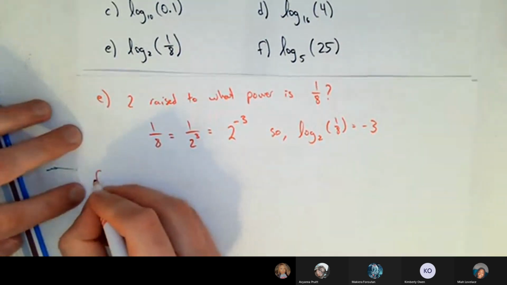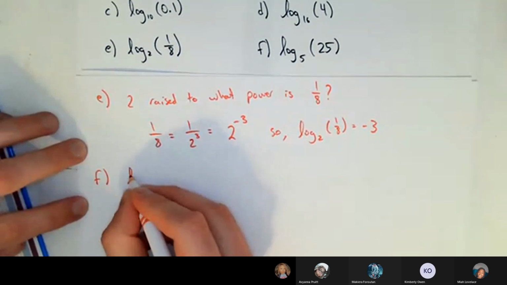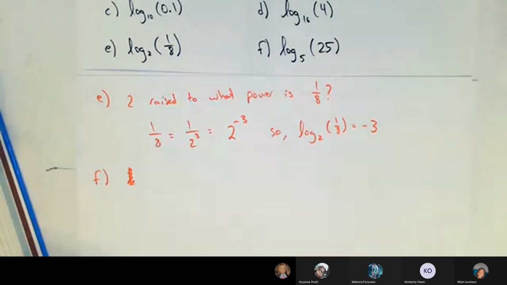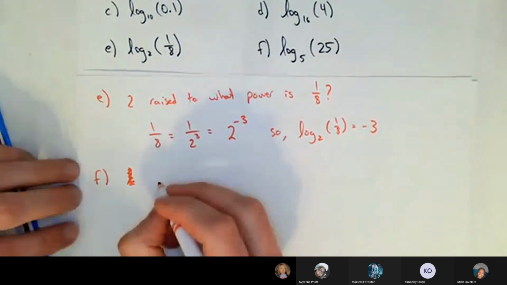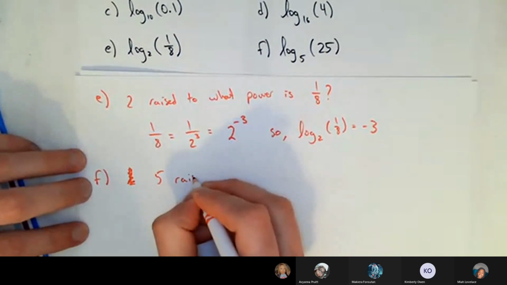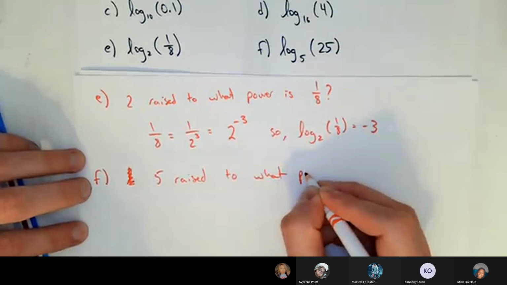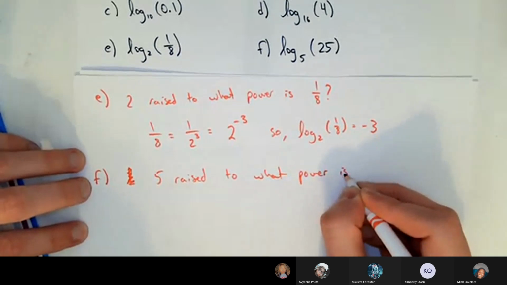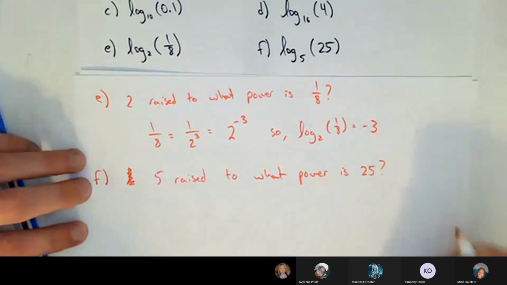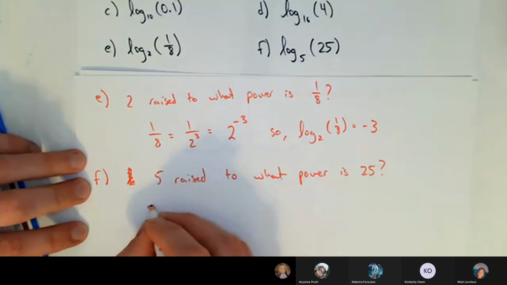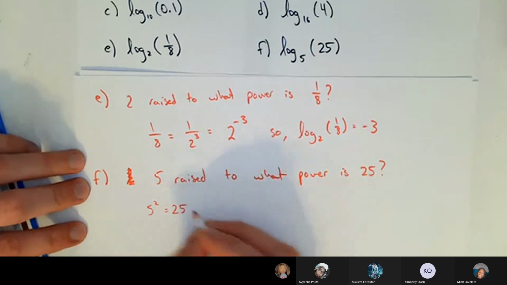Okay. Finally, part F, which is going to seem very easy relative to these other ones. 5 raised to what power is 25? Well, we know 5 squared is equal to 25.